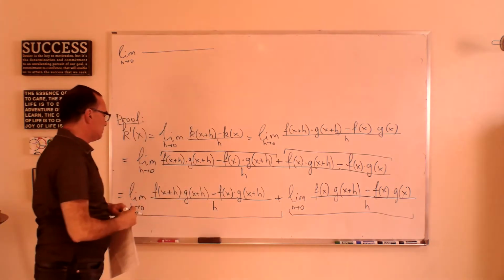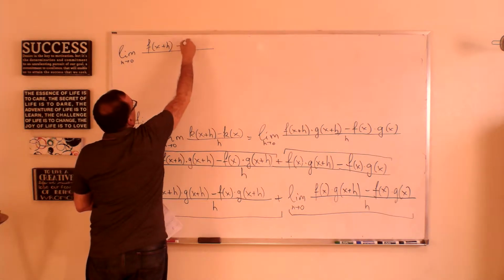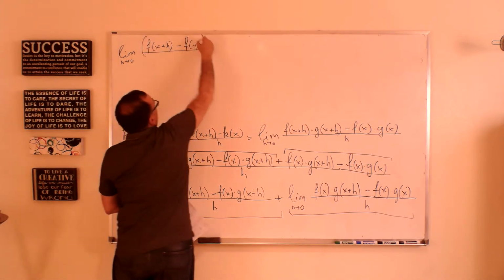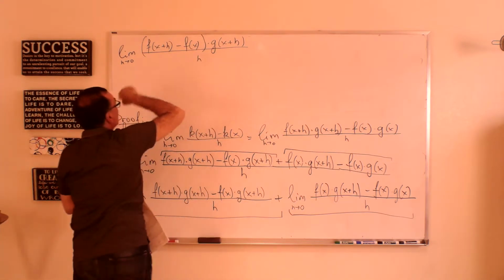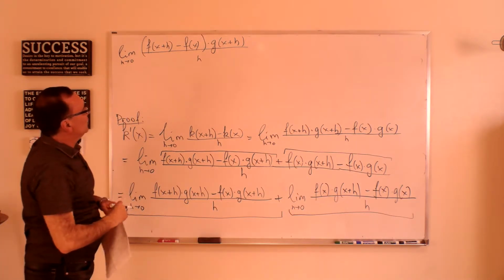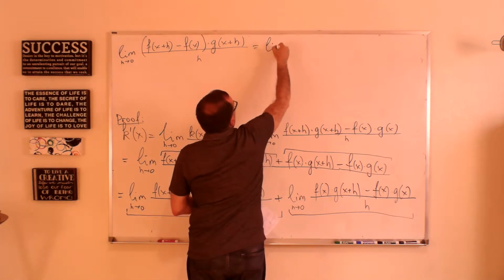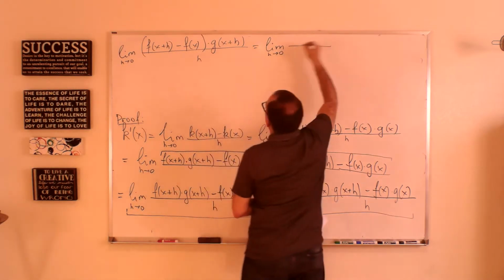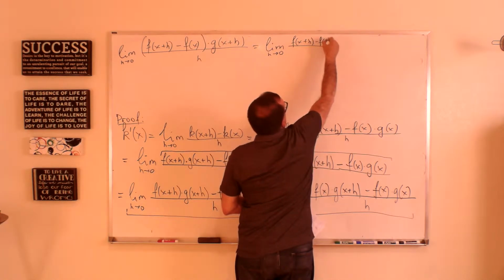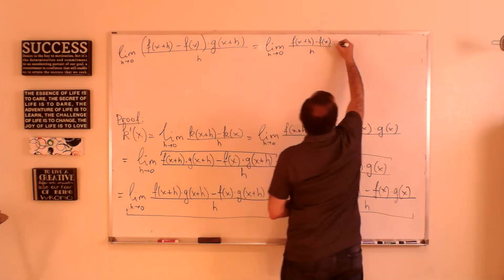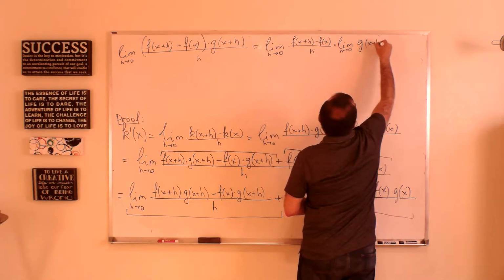We can factor out g of x plus h, and then we end up with f of x plus h minus f of x, all of that in parentheses, times g of x plus h, over h. And now h approaches 0. Now we can split it as a product of two limits: limit as h approaches 0 of f of x plus h minus f of x over h, times limit as h approaches 0 of g of x plus h.